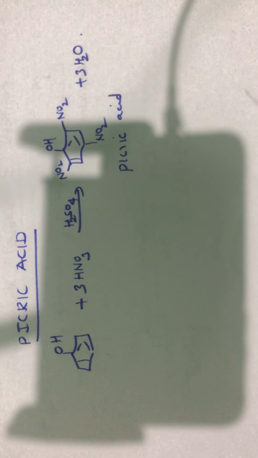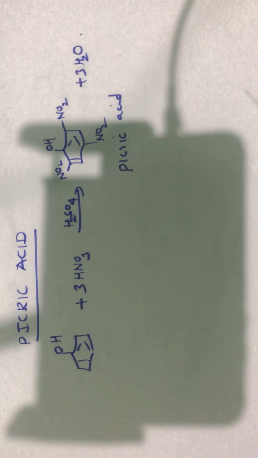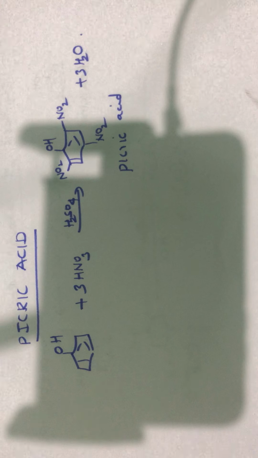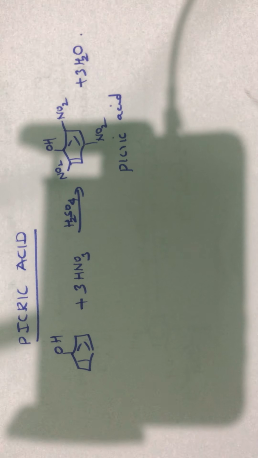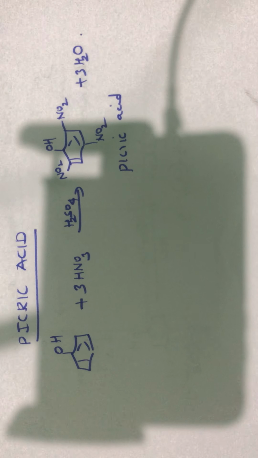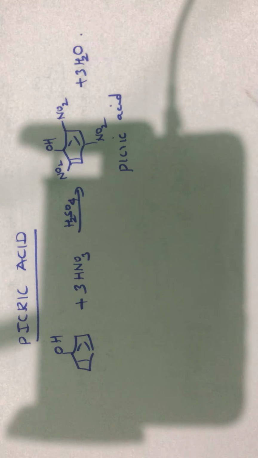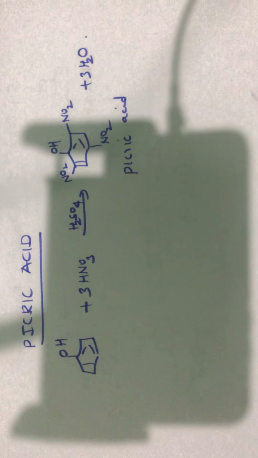Okay, so this was about your phenols chapter, students. Before that, let us discuss the uses of N-hexyl resorcinol. N-hexyl resorcinol is an antiseptic that is used to cure hookworm disease. It is used to treat urinary disorders. The uses of picric acid: it is used as a yellow dye for silk.